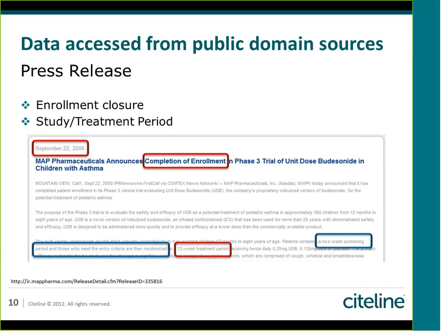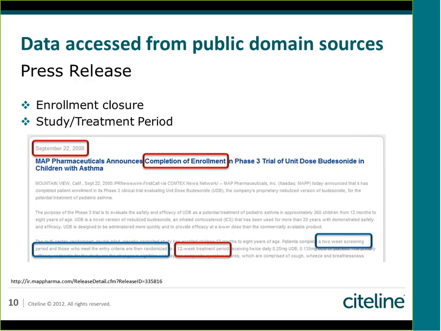This next example is a press release that's dated September 22nd, 2008, and this press release announces the completion of enrollment of a phase 3 trial. So we would use that date as the best public source of the end of the enrollment period.